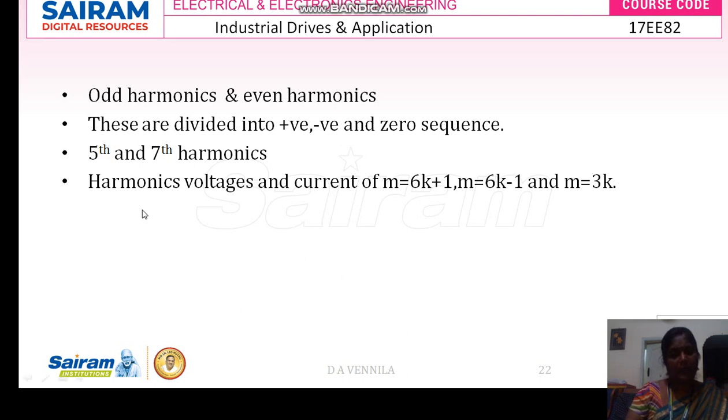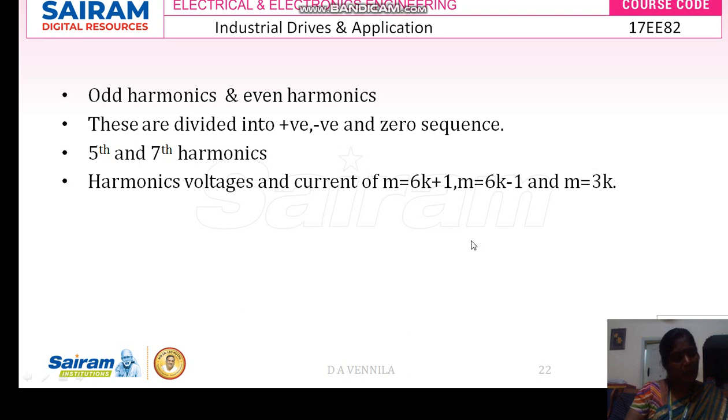And here the harmonics voltages and currents will be taken by using this equation, m equal to 6k plus 1, m equal to 6k minus 1 and m equal to 3k. This represents the positive sequence, this represents negative sequence, and this represents the zero sequence.